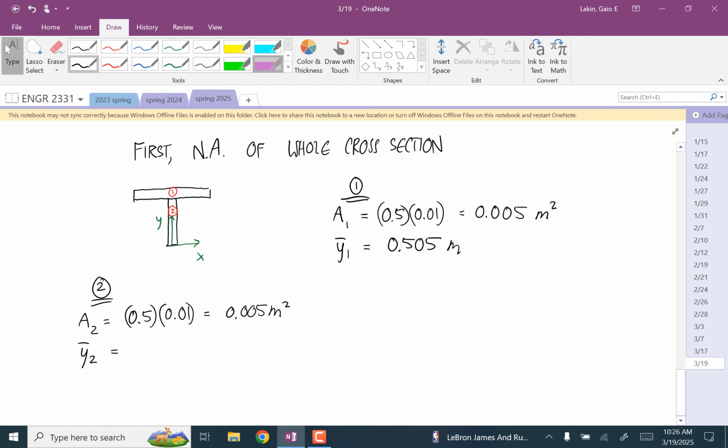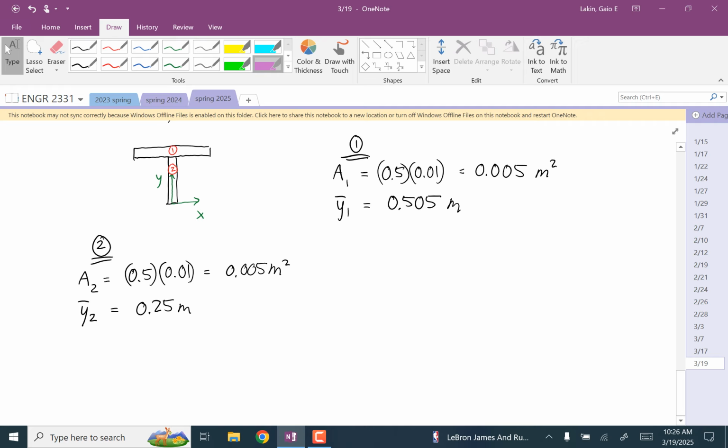The centroid is positive 0.25. And now we can calculate the centroid from the bottom. So the total area is 0.01 meters squared.